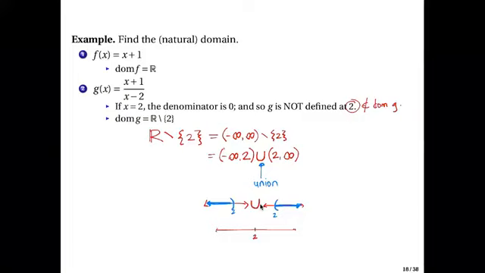We combine this into the following. You put a circle on that spot, the 2. Open, not shaded. And then just draw this ray going in that direction and this ray going in this direction.